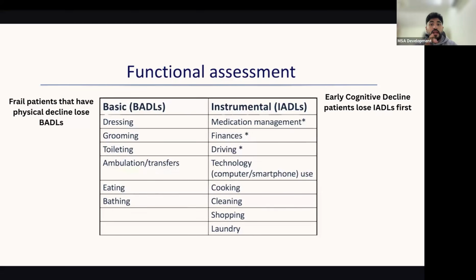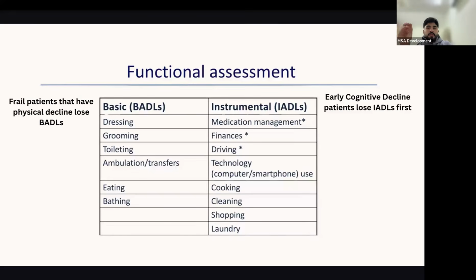That's number one. Now, instrumental activities are accessories to life, like medication management, finances, driving, cooking, cleaning, shopping, etc. If they start losing these instrumental functionality aspects, this means that the patient starts to have early cognitive decline. So they could probably have dementia, Alzheimer's. So this is how you will differentiate it.